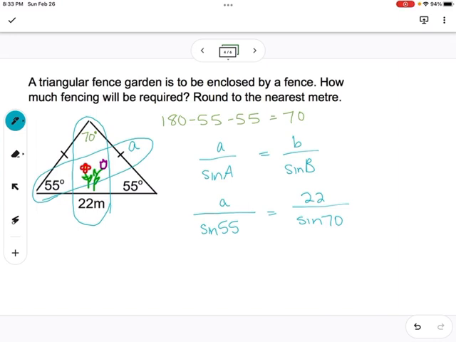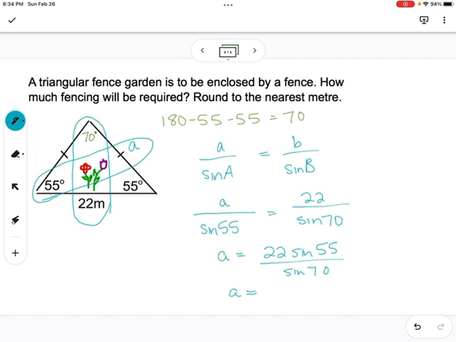Okay, to get side A by itself, we want to move this divide by sine 55 to the other side. The opposite of divide is to multiply, so we end up with A equals 22 times sine 55 over sine 70.